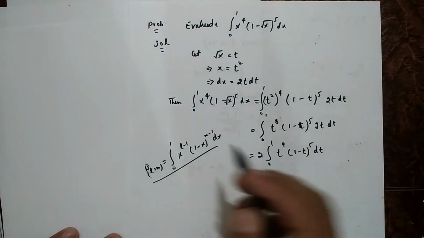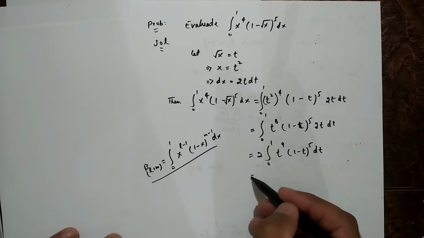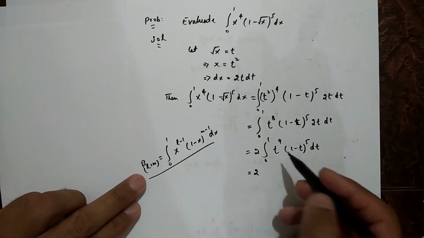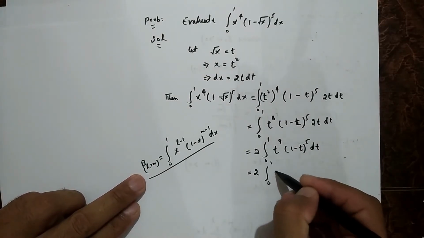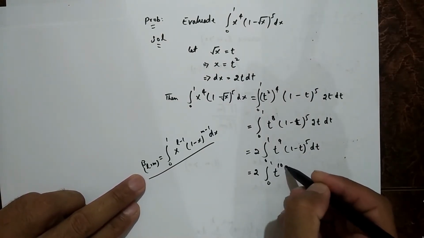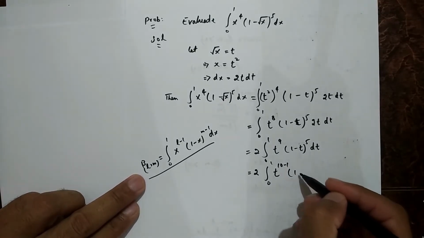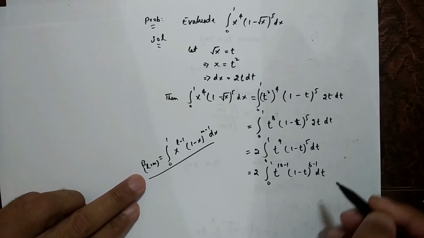Now look here at this integral and this one. This can be written as 2 times the integral from 0 to 1 of t to the power 10 minus 1 into (1 minus t) to the power 6 minus 1 dt.